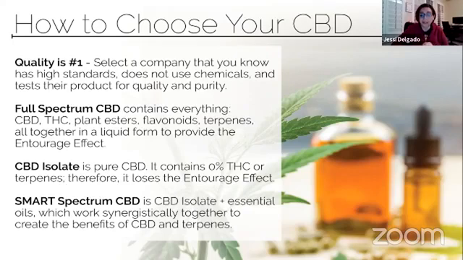Yes, essential oils, right? So we add them to our CBD to create that synergistic effect and thereby increase the benefits of the CBD isolate. Nature's Ultra has done just that. They have combined organic CBD isolate and terpenes to create an amazing smart spectrum CBD for you.